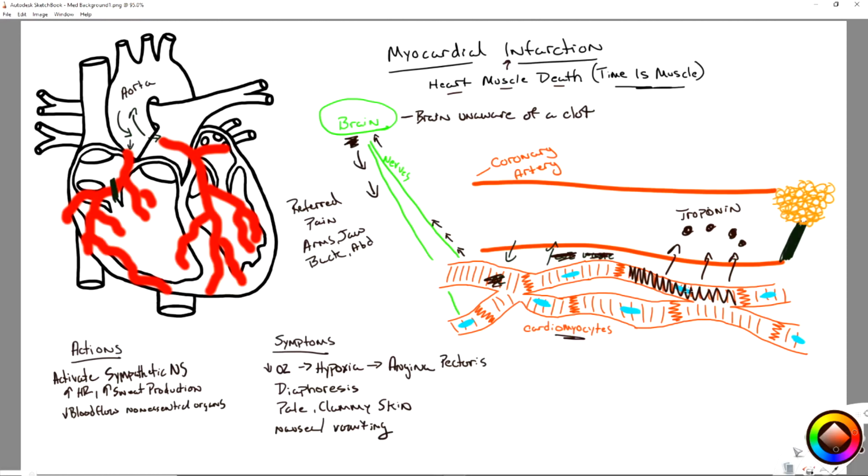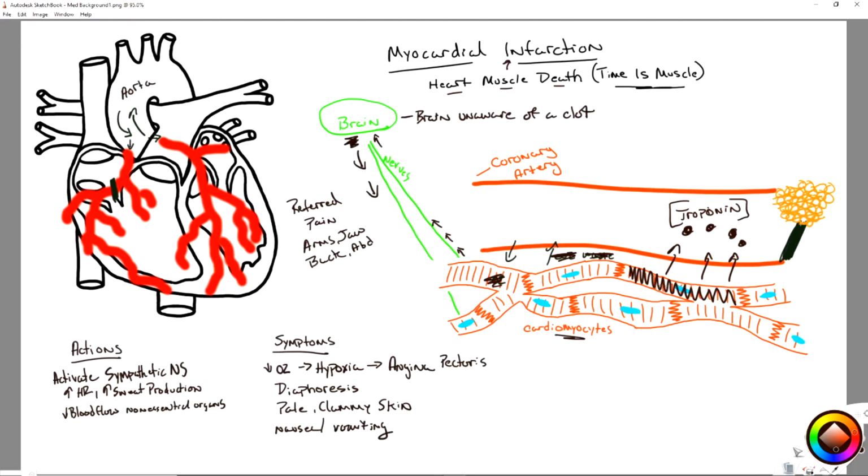Okay? This is why doctors, when they do blood work at the hospital, measure for troponin levels. Okay? Because it is a direct link between cardiovascular injury and the troponins. Okay? Only cardiac muscle has troponin. So you're not going to find troponin because you've infarcted your leg muscle or your arm muscle. Okay? So this is why we measure troponin.